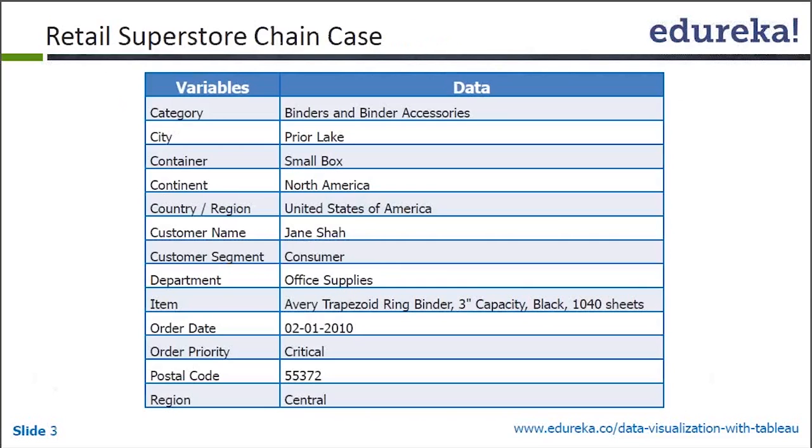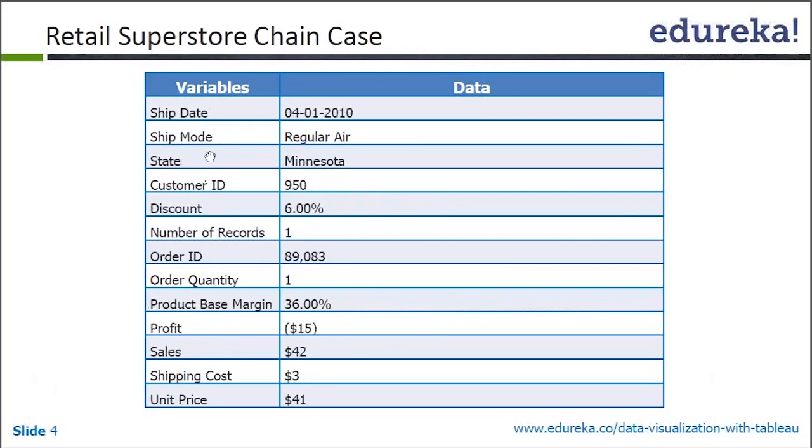I'll go through them once again quickly: category, city, container, continent, country and region, customer name, customer segment, department, item, order date, order priority, postal code, region, ship date, ship mode, state, customer ID, discount, order ID, order quantity, margin, profit or loss, sales, shipping cost, and unit price. Right?